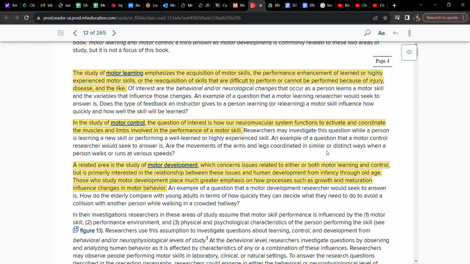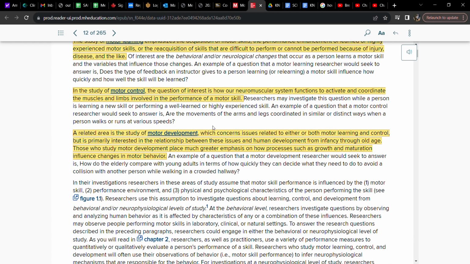And then a branch off of that area of study is the study of motor development. This is implying how you develop through your lifetime or how you continuously learn that skill. This can involve things like growth and maturation, right? So, are you building muscle? Are you getting better at performing that skill? Is it looking smoother?